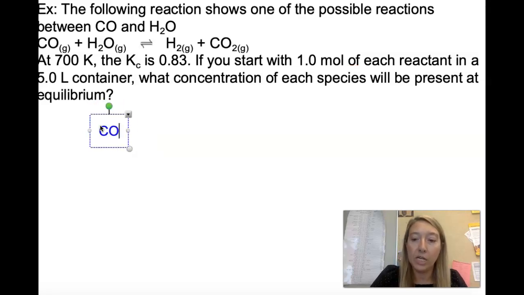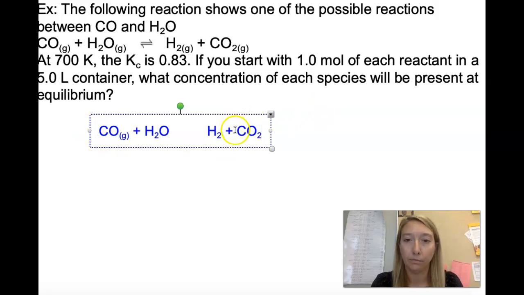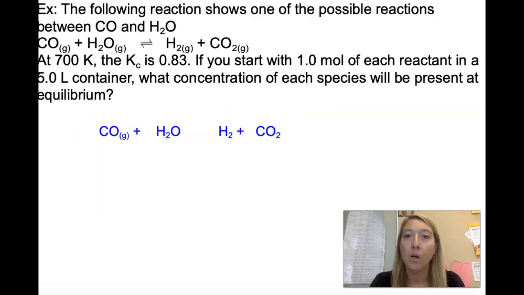So we have our CO plus our water to give us hydrogen, carbon dioxide. Okay, so everything balanced with a 1. We are going to create our ICE table.